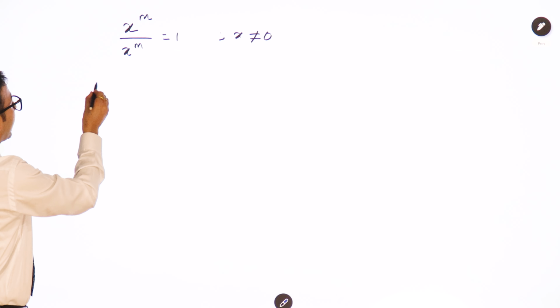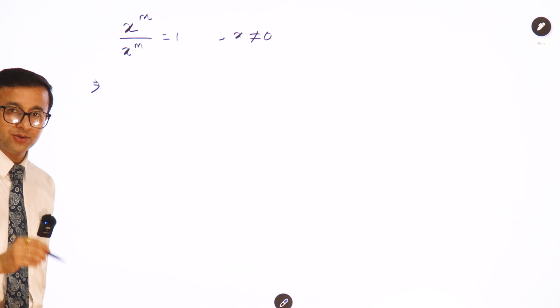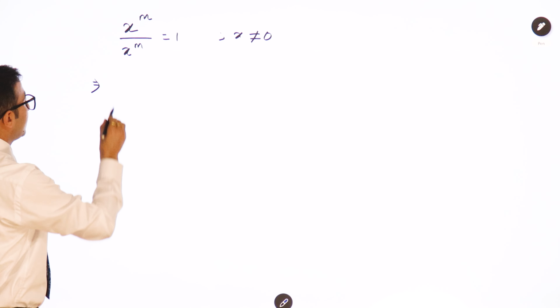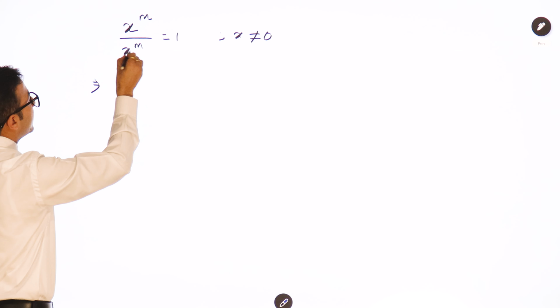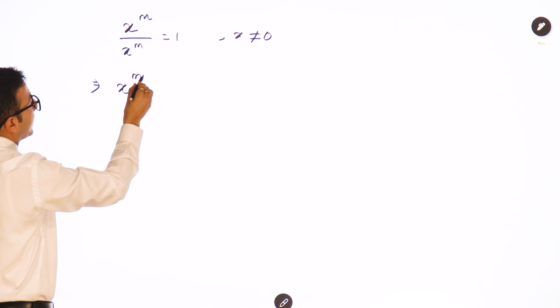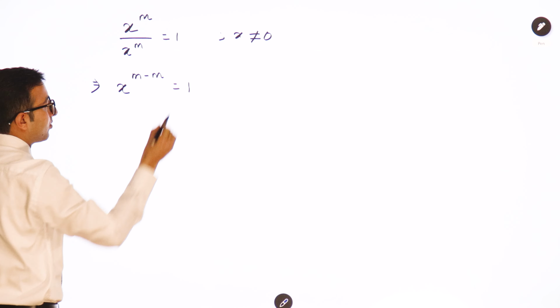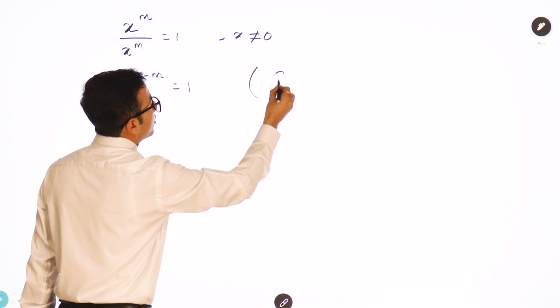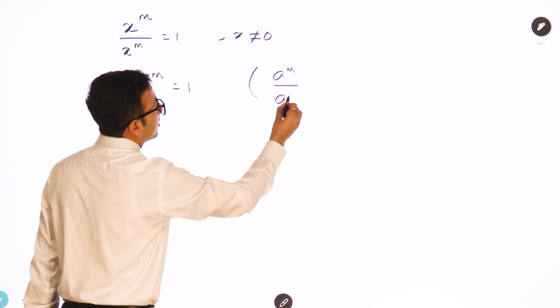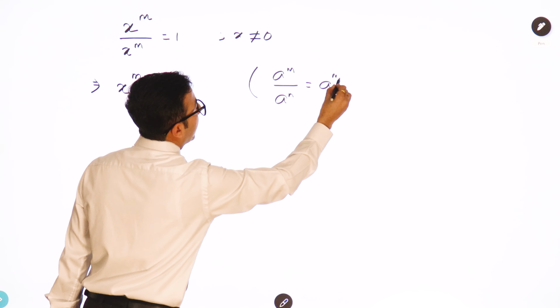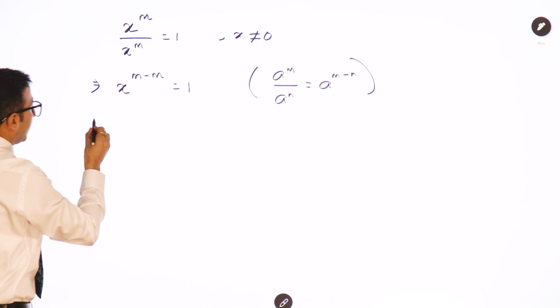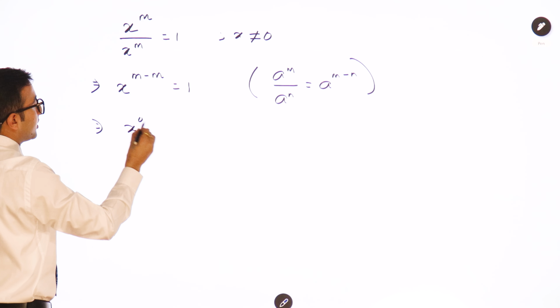This can be written by using the laws of indices: in case of division, powers can be subtracted, m minus m. If a to the power m is divided by a to the power n, that can be written as a to the power m minus n. From there we can get this idea. So x to the power 0 is 1.